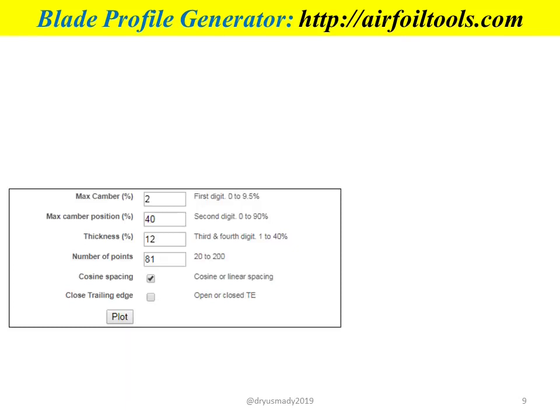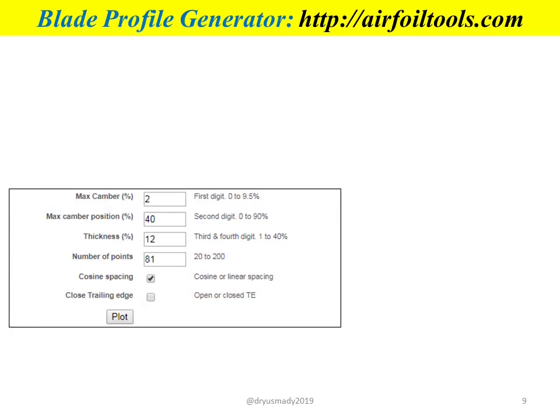There is a website that we call f4tools.com, where through the website we can generate a specific blade profile based on your blade dimensions or blade parameters. For example, this is the toolbox provided on the website.